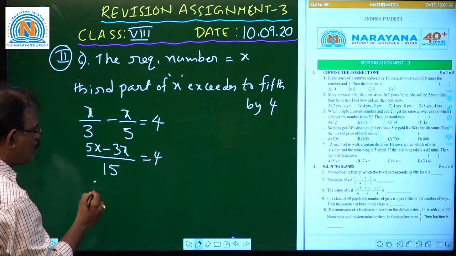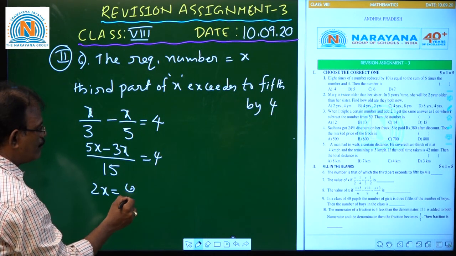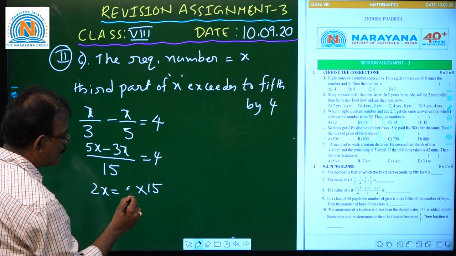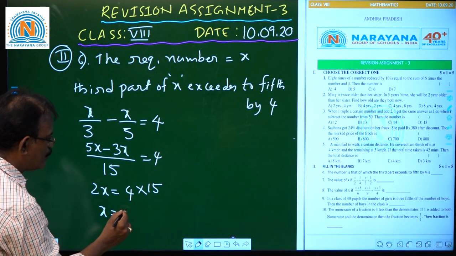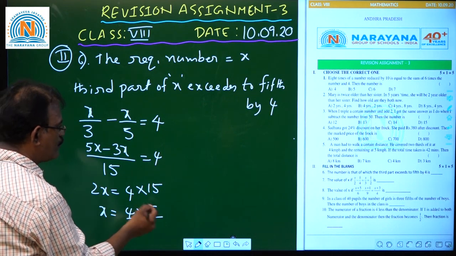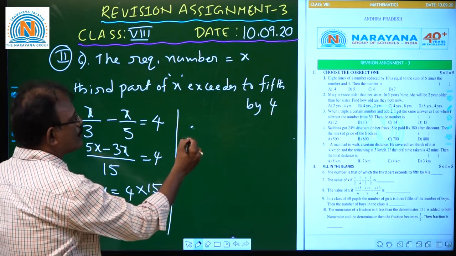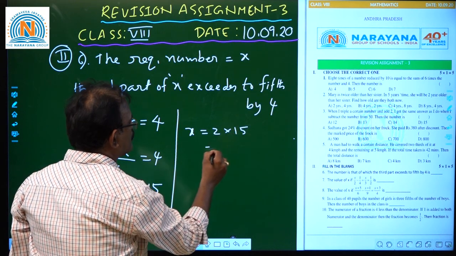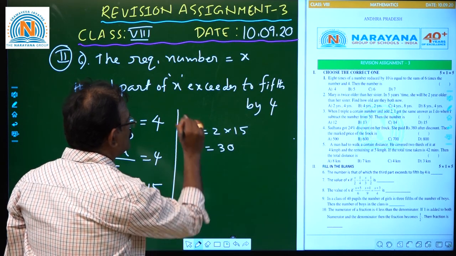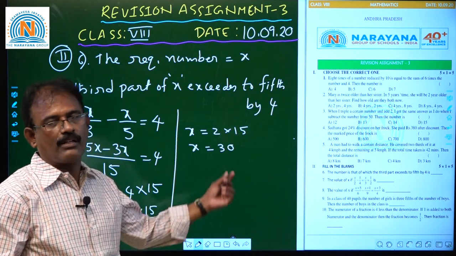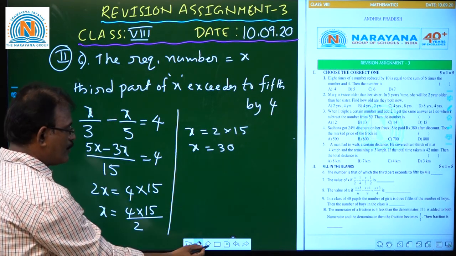So this is 2x by 15 is equal to 4. So x is equal to 4 into 15 by 2, which is 30. Therefore the required number is 30, children.